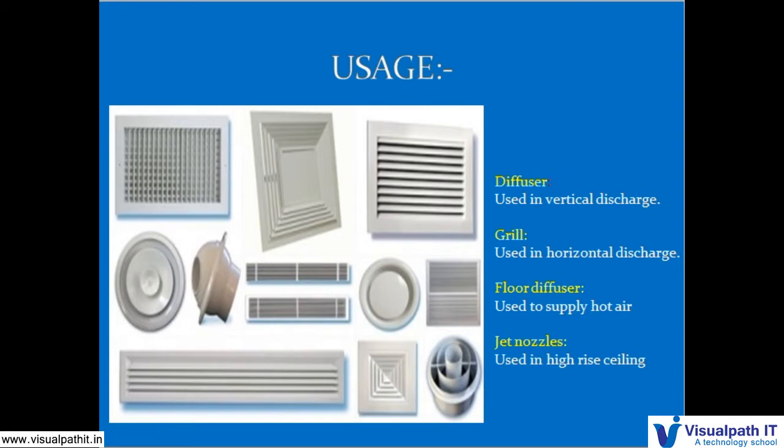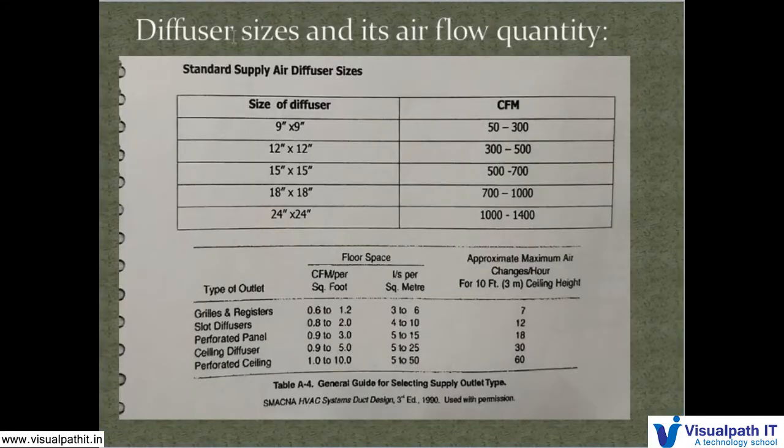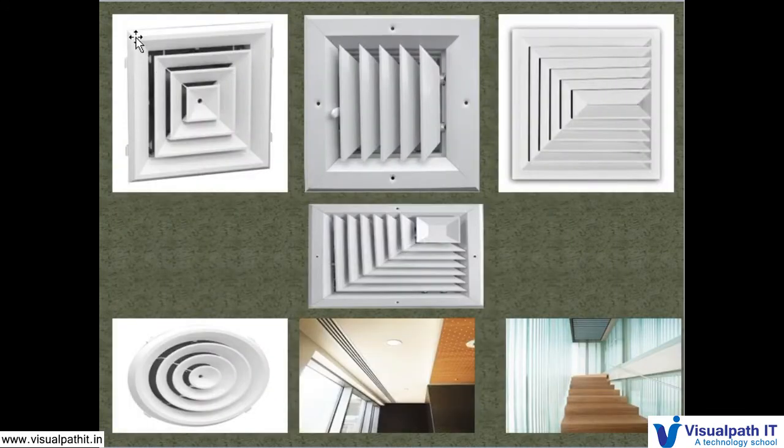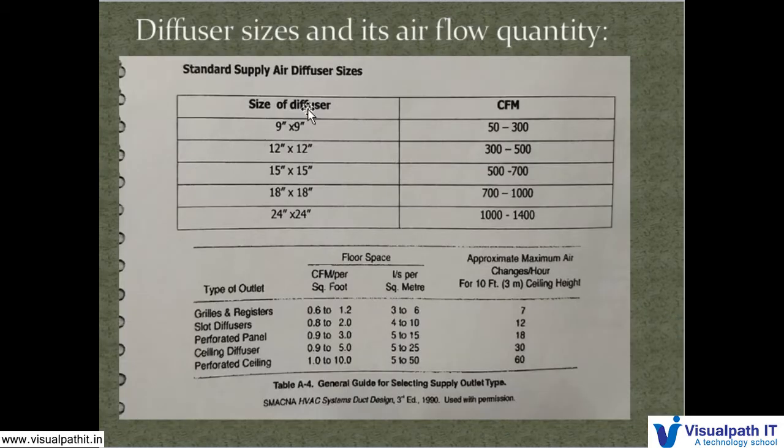And the next, size of diffuser, right? Diffuser size and its flow quantity. The size of the diffuser is 9 inch by 9 inch. For example, I am saying 12 inch by 12 inch. If it is said like that, 12 by 12, it means the width and height of the diffuser they are mentioning. If it is 9 by 9, it can serve 50 to 300 CFM.